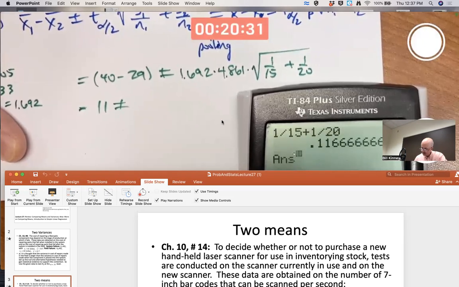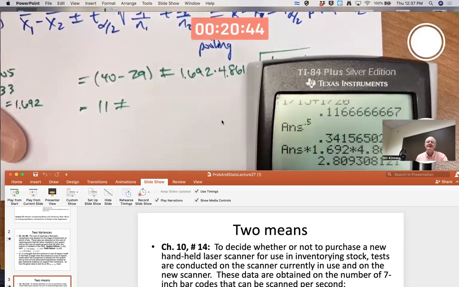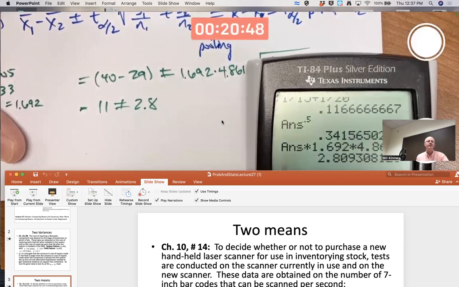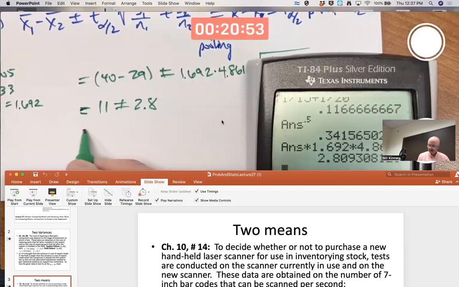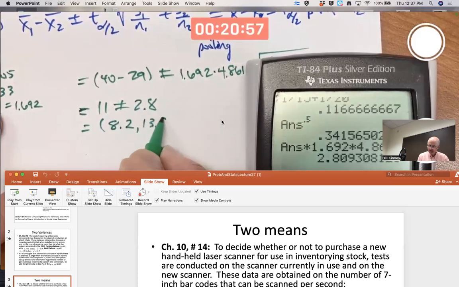Take the square root, multiply by 1.692 and also 4.861. Our margin of error is pretty close to 2.8. In interval notation, that would go from 8.2 to 13.8.